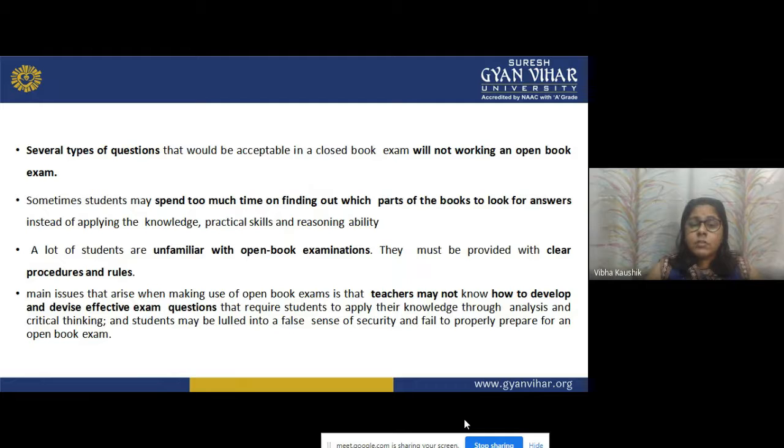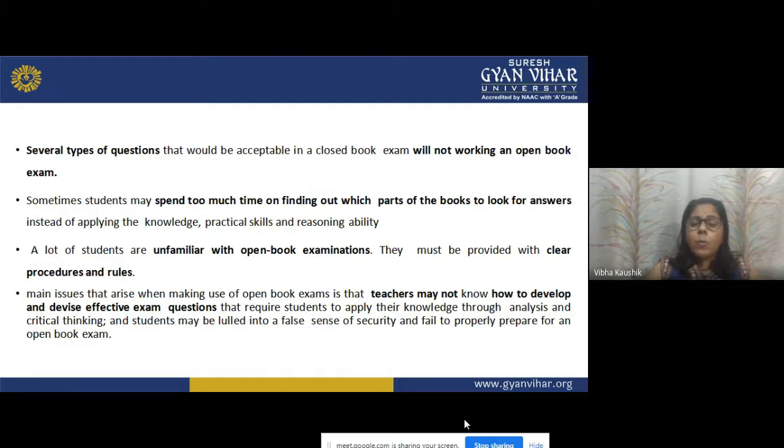Sometimes the teacher may not have the knowledge of how to develop effective questions for the open book exam, questions that require students to apply their knowledge through analysis and critical thinking. How the question should be framed so that it allows students to apply their knowledge through analysis and critical thinking.